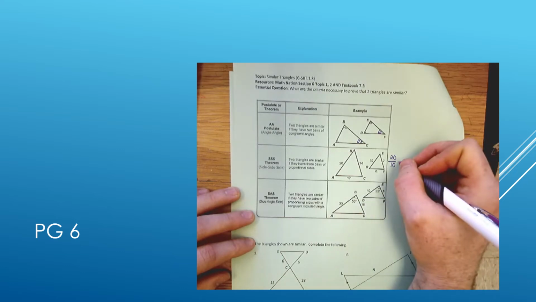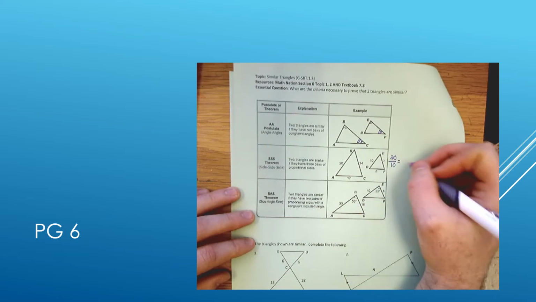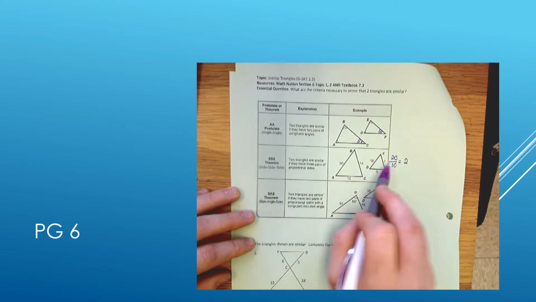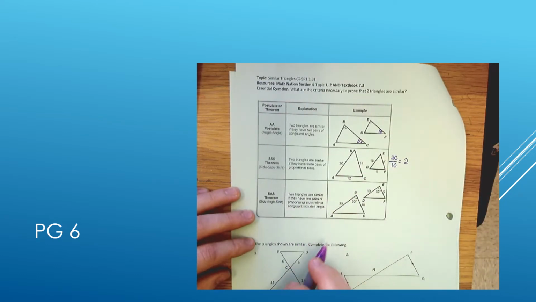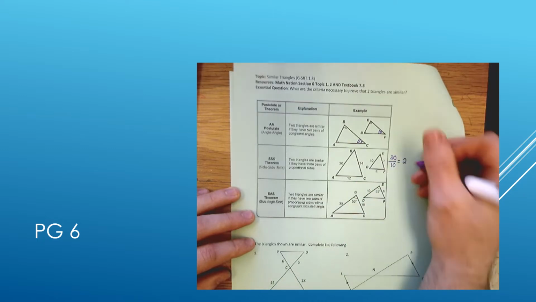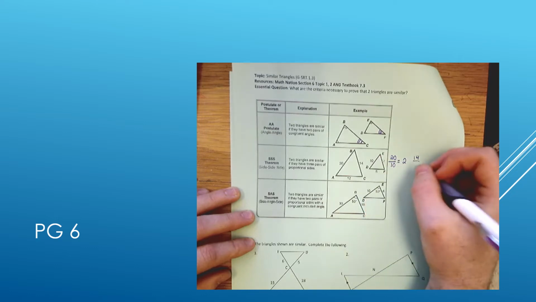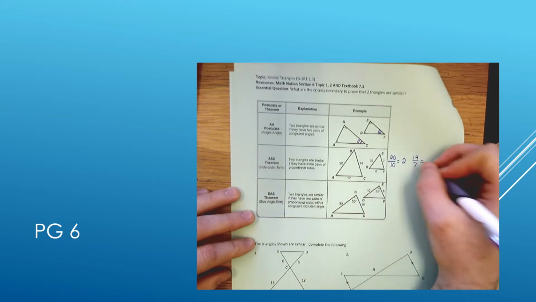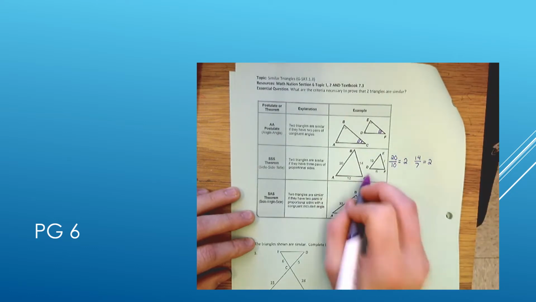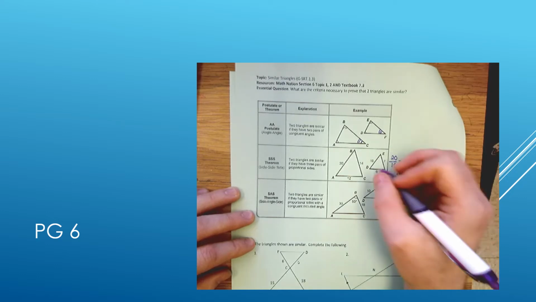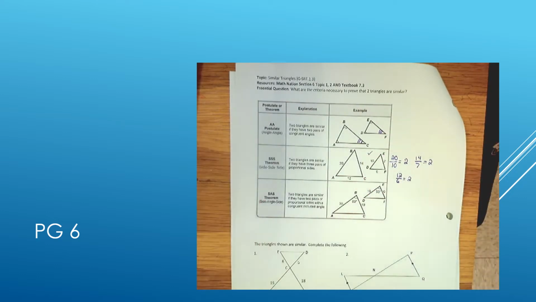If I simplified that down, I would get 2. That means all the other sides would also have to have that same proportion. So I would have 14, and that one goes with the 7. Well, that in fact does equal 2. And then the last one, 12 over 6, also equals 2. So this one checked out, and it's the SSS theorem.